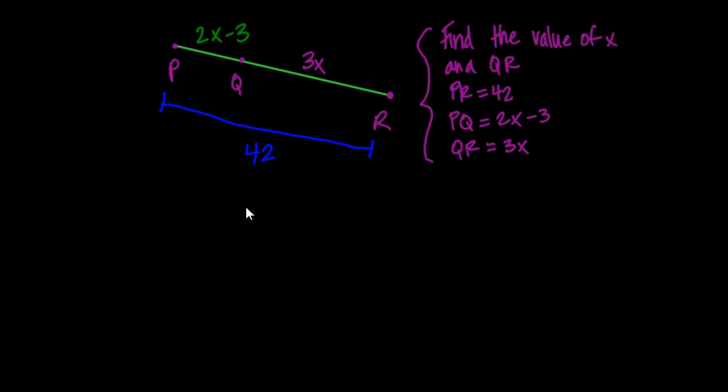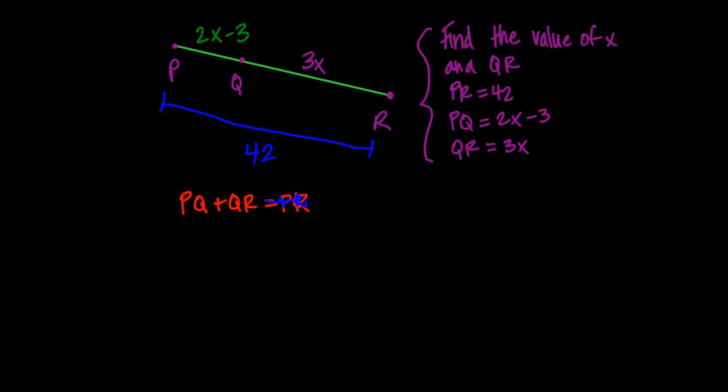All right, now that you're back, let's see what your work looks like. So from our betweenness statement, these points are collinear, they're all on the same line, and Q is between P and R. So what do we need to do to be able to find the value of x? Well, if those things are true, then PQ plus QR equals PR.